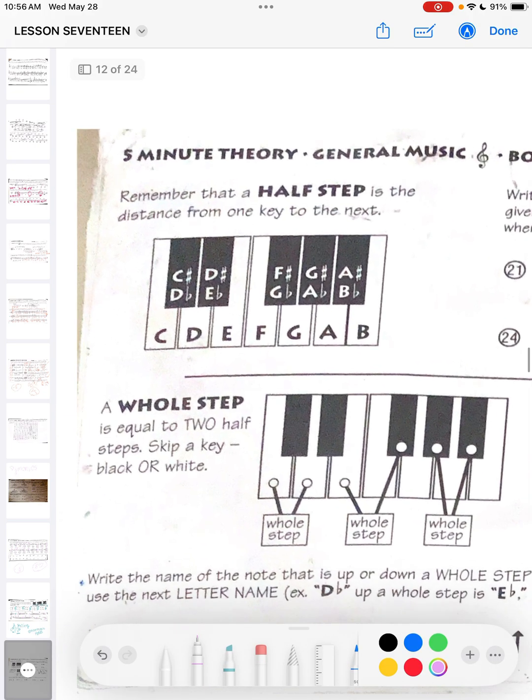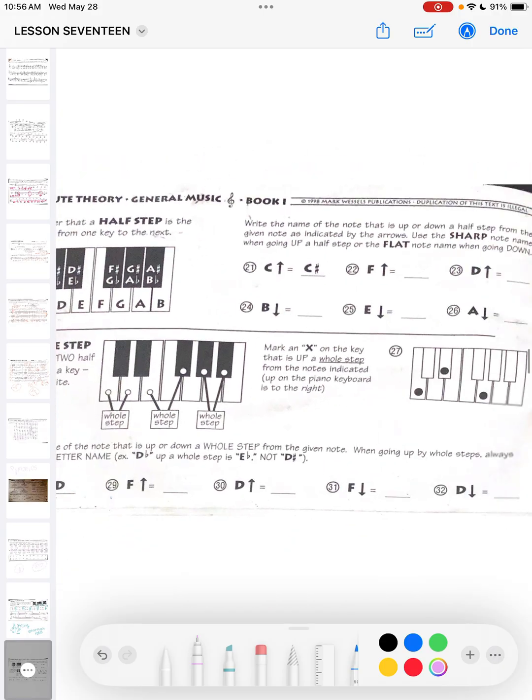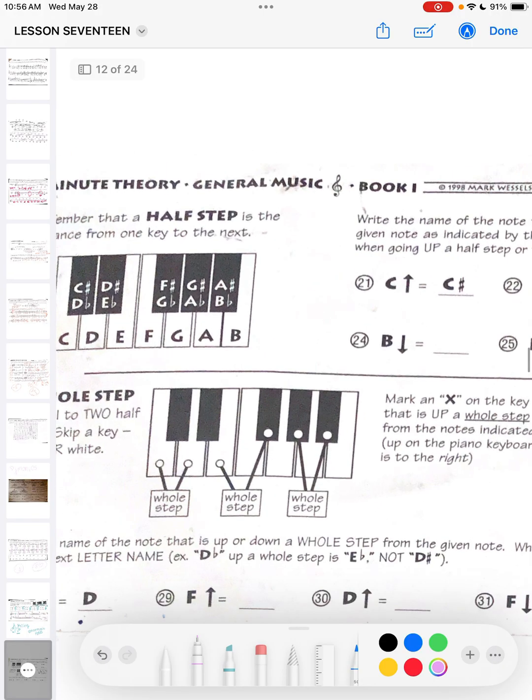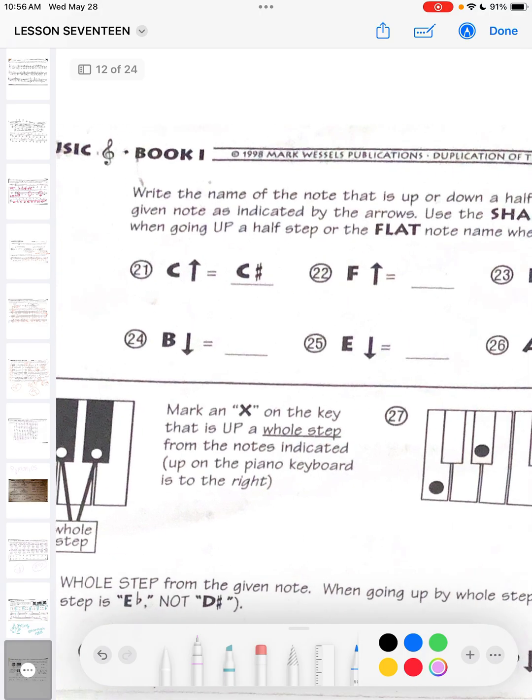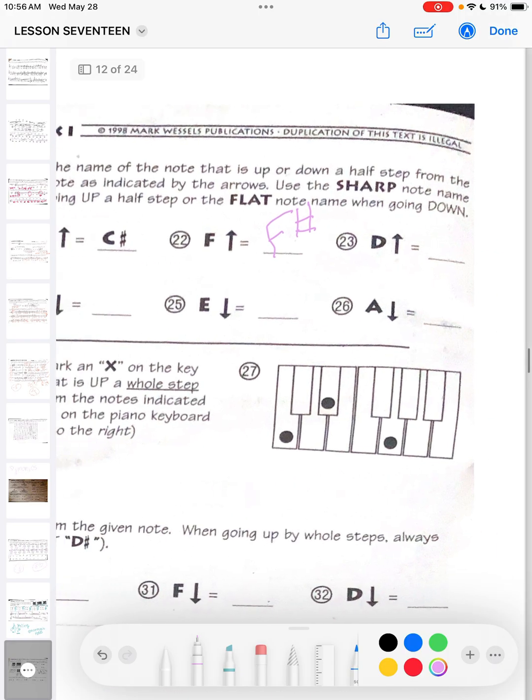Starting from this point, you're going to say the half step from C sharp, then F, I'm going to go up. That's F sharp. It says go up, you're at D sharp.